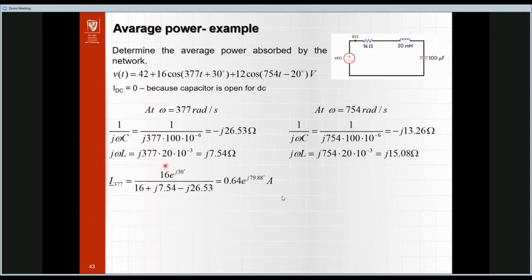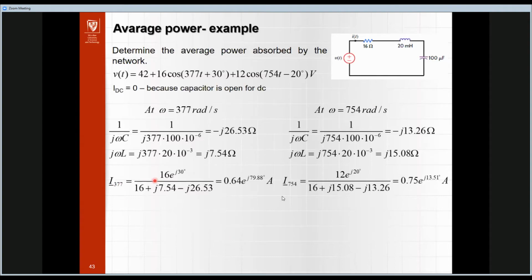So we have the amplitude and phase here, and here we have just the resistance and the impedance connected with the inductance and with the capacitor. And in the same way we can calculate the current for the second harmonic.